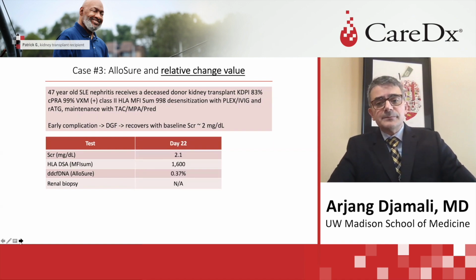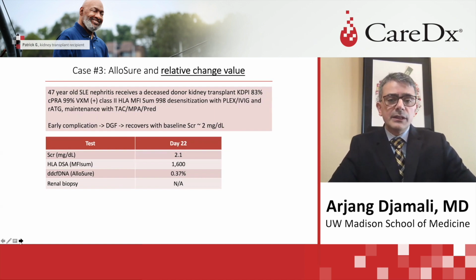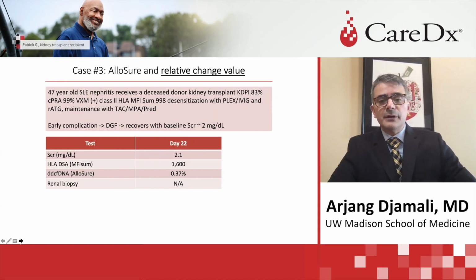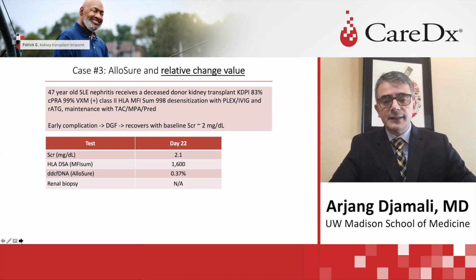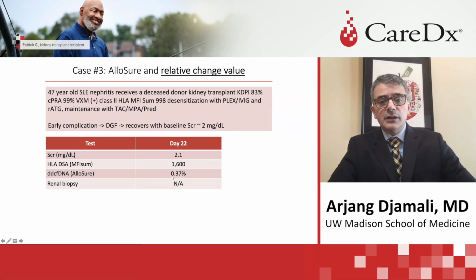At 3 weeks post-transplant, we performed a kidney transplant biopsy because of delayed graft function and highly sensitized background. Serum creatinine was at baseline, he still had DSA, and donor-derived cell-free DNA, or AlloSure, was normal. Biopsy was not showing any sign or evidence of rejection.